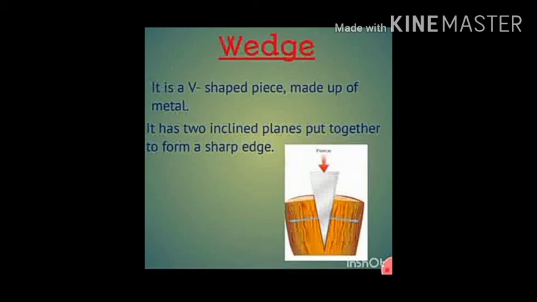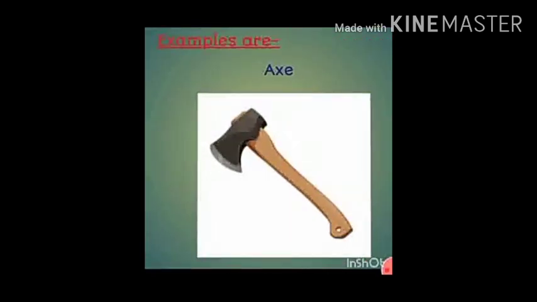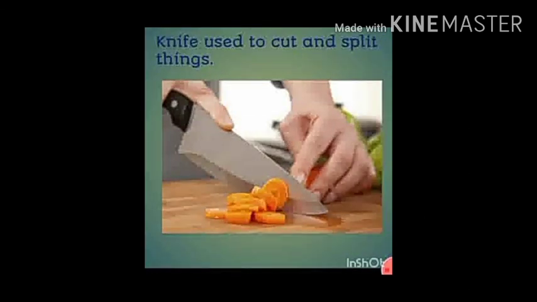This simple machine is made using the other simple machine, that is inclined plane, where two inclined planes are kept together in a V shape to make a sharp edge. Examples are axe and knife, which are used to cut and split things and to chop the vegetables, and there are many other uses of this knife.